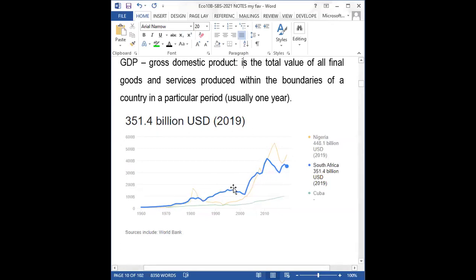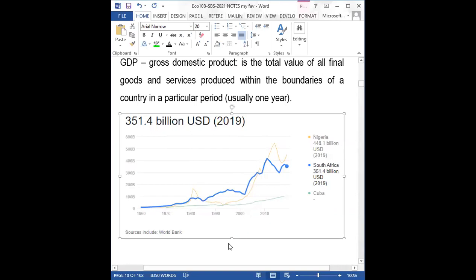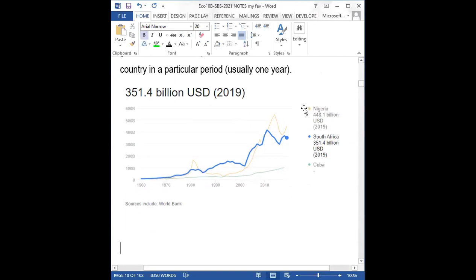So for us, what is important for now is how do we measure economic growth? To measure economic growth, we use a definitive formula.